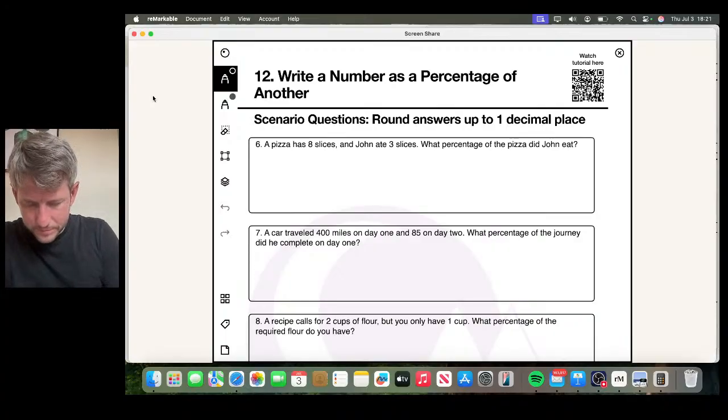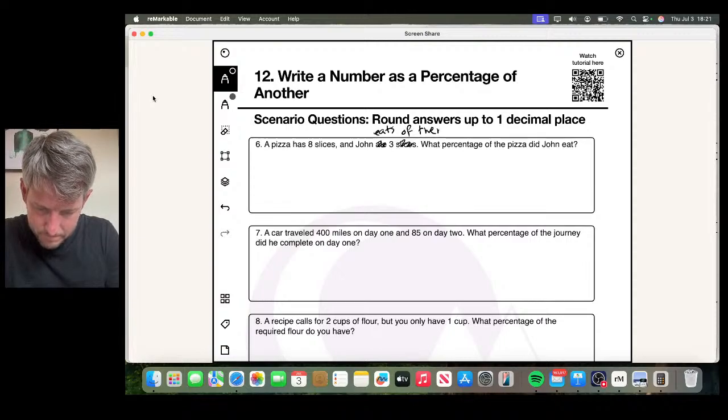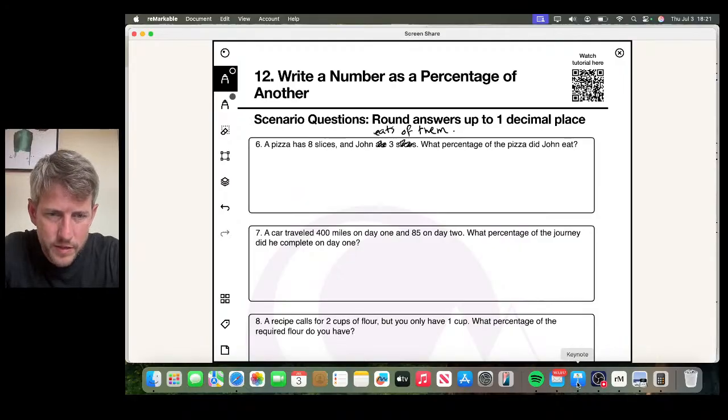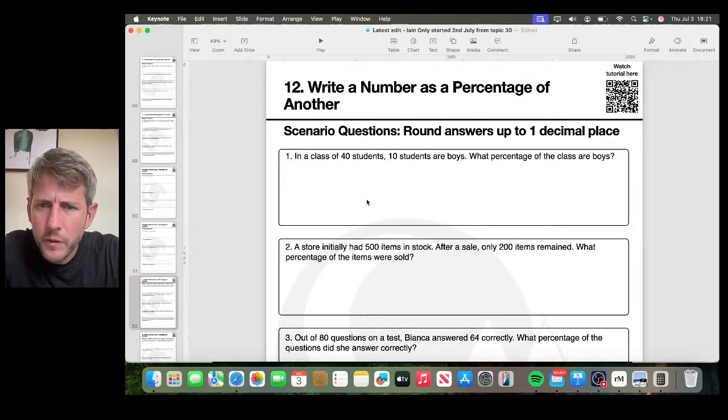A pizza has 8 slices and John eats 3 of them. That makes more sense. So let's go to the, here we go.